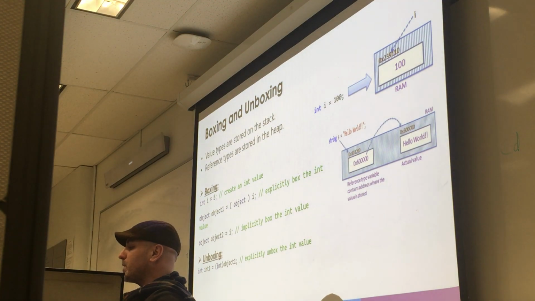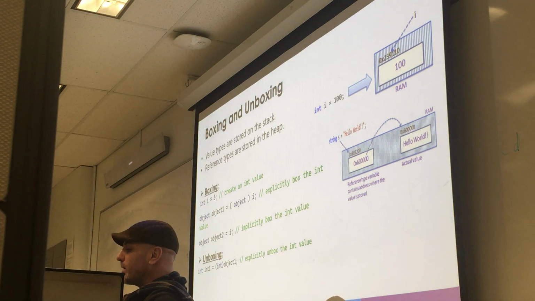That means explicitly box the int value, convert int value to object. Unboxing, okay, it's different. It's convert from object to integer or primitive data type, like you see, int i1 equal casting int for the object. You see, guys, this is the primitive data type.